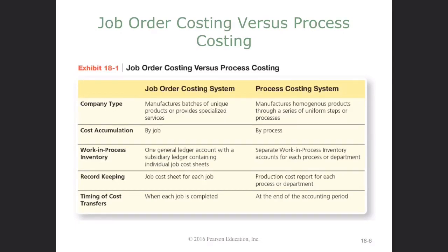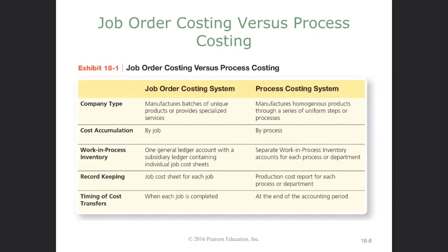For a process costing system, the company type manufactures homogeneous products through a series of uniform steps or processes. So again, think of an assembly line, and we can go to that tablet example. We're creating tablets. They all are the same. Cost accumulation is by the process.